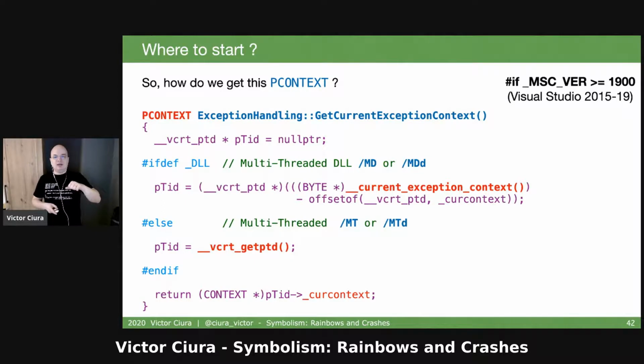If you're dynamically linking to the CRT, then you're on the if branch. You have two helper functions from the CRT, again private APIs that do all the magic for you, and you retrieve from this another non-documented internal structure, the VCRT PTD, which contains the current context. So this is how you get that most wanted PContext.